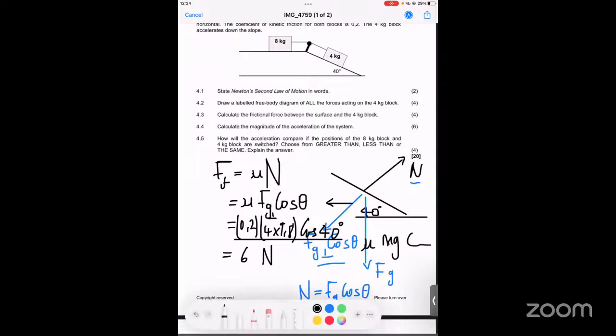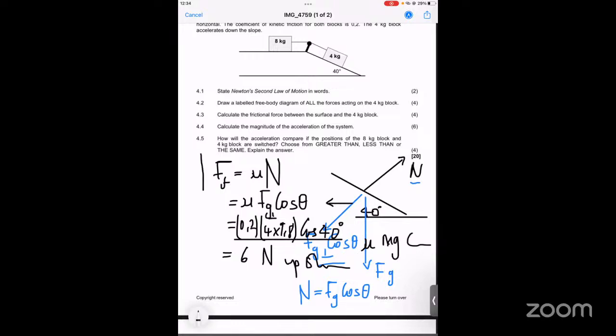So that means, yes, very important to include the mu, and you must also indicate whether it is up or down the slope. Up the slope. Yes, you need to include and say up the slope. So that should be the answer for that one. Does it make sense? Yes, sir, it makes sense.